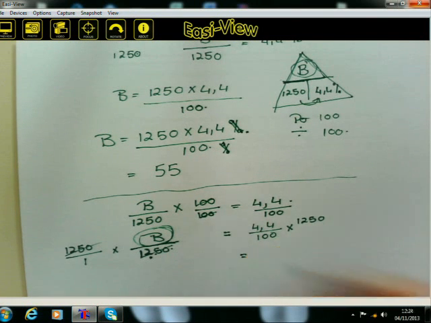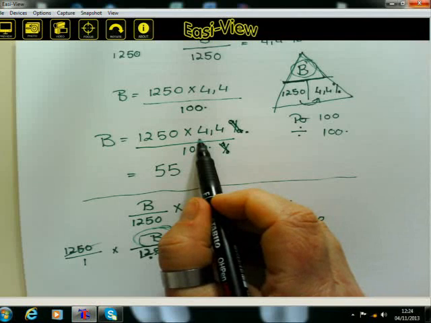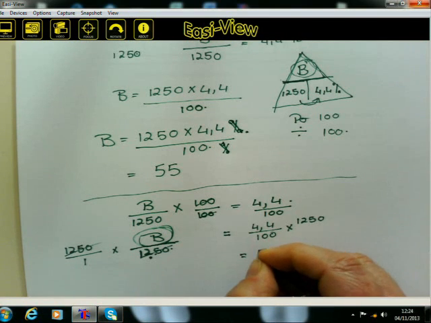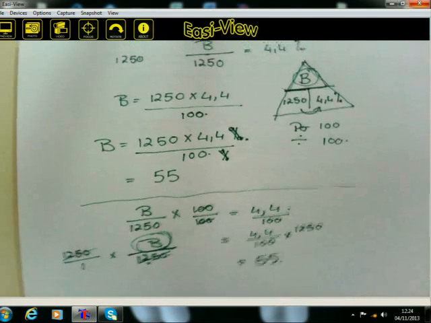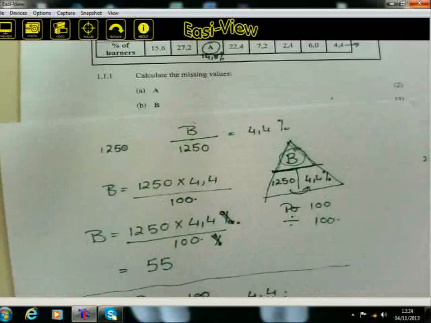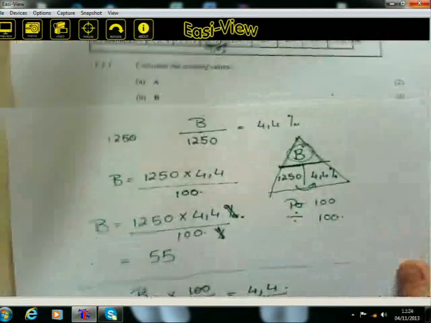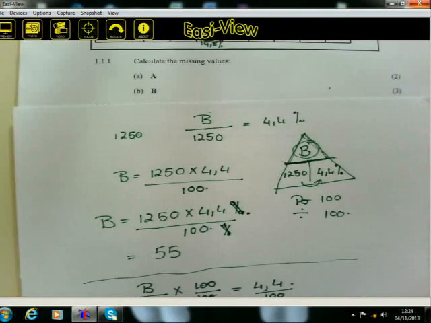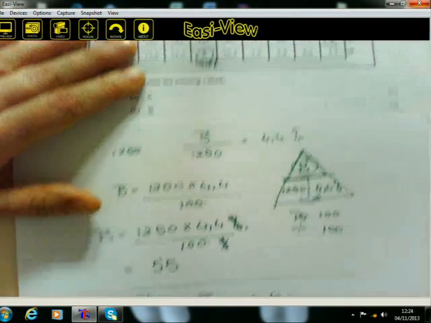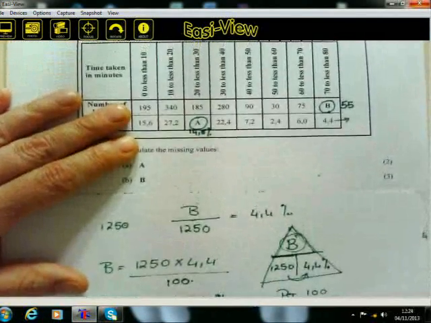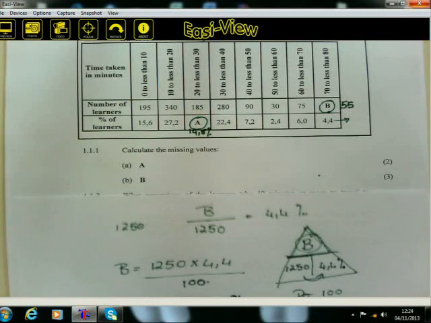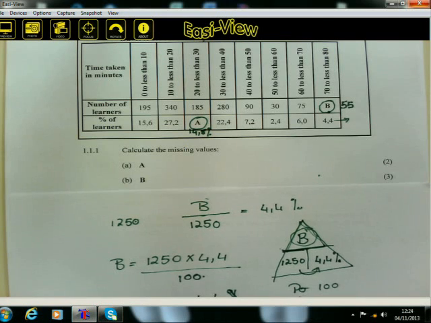And if you do so, you will see it's the same calculation as there. 4,4 times 1250 divided by 100, you will get 55 learners. Grade 12, there is always more than one way to go about finding some answers. Okay? And it's just important that you must apply your mind and think of the way that's going to be more comfortable for you to use.